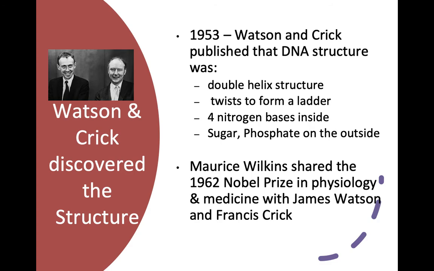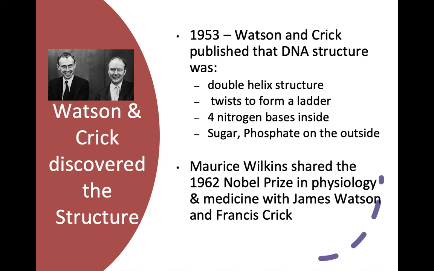So in 1953, Watson and Crick published that DNA structure was indeed a double helix structure, twisted to form a ladder, made up of 4 nitrogen bases inside, A, T, G, and C, and had a sugar phosphate backbone on the outside.